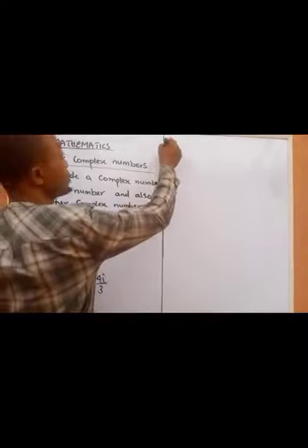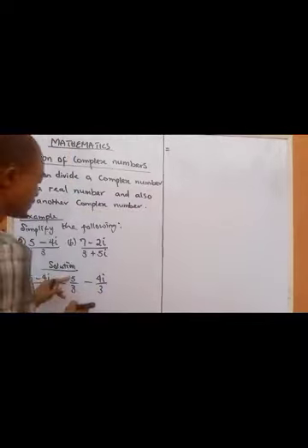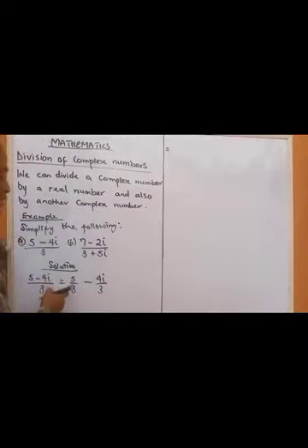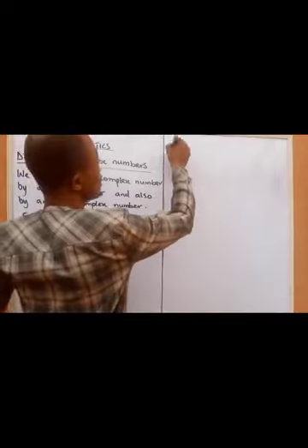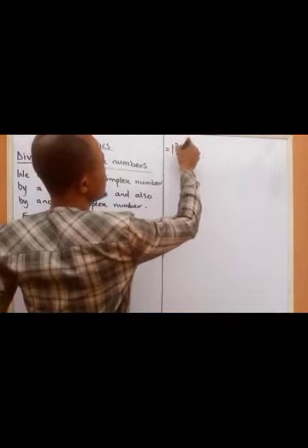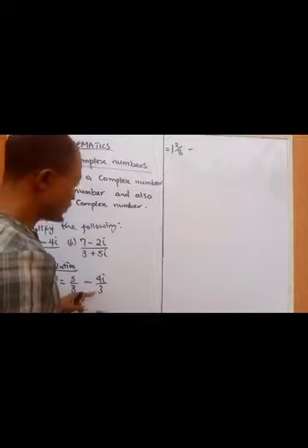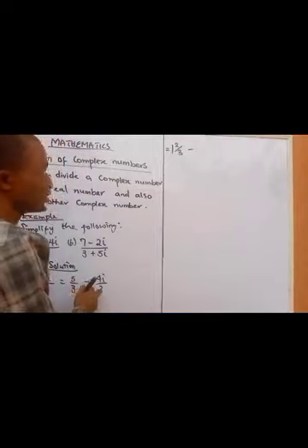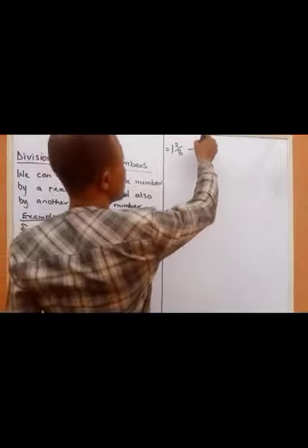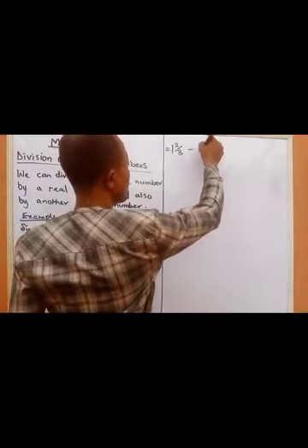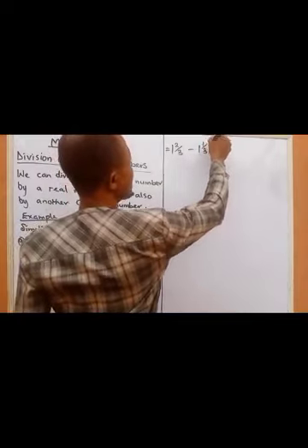That is equal to 5 over 3, that is 5 divided by 3, that will be one number, 1.67, minus 4i over 3, 4 divided by 3, that should give us one number, 1.33, then i.